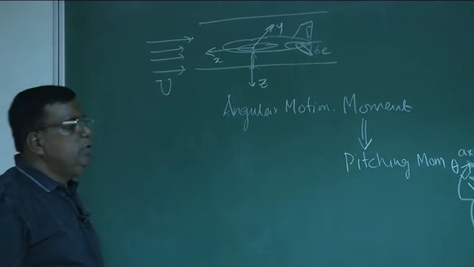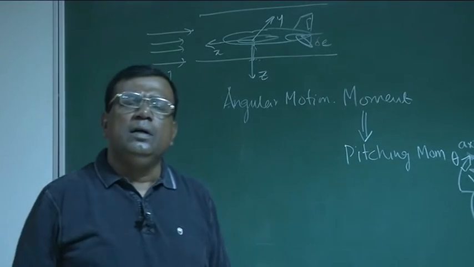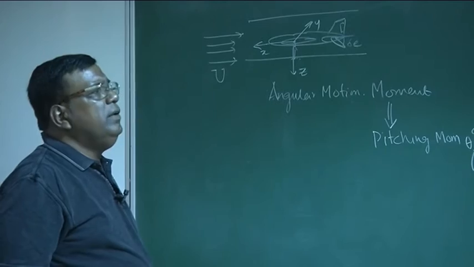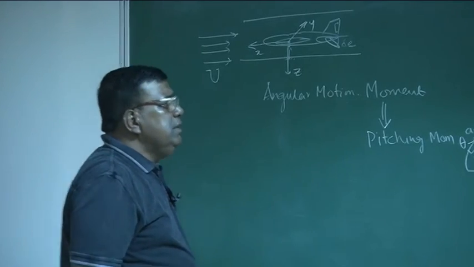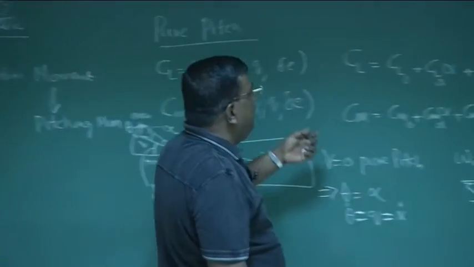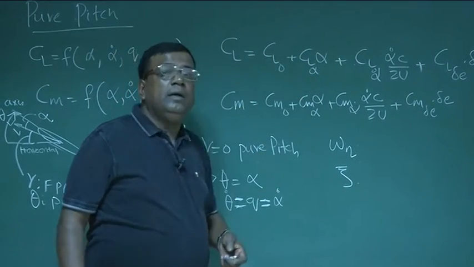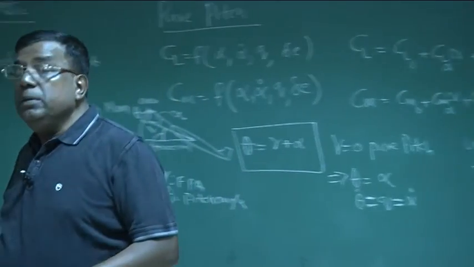We are also putting a condition that we are talking about small disturbance. Why small disturbance? If I give a larger disturbance, then it is very difficult to expand CL as a linear combination of all this, because at that time the flow and the aerodynamics become non-linear.